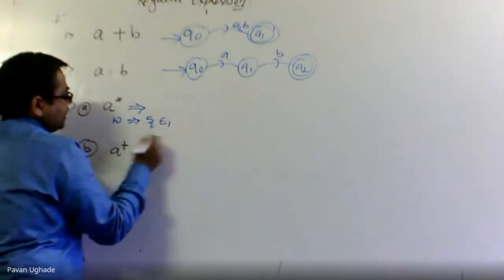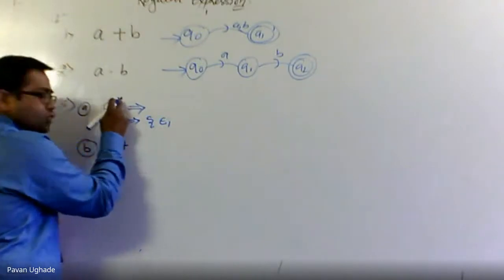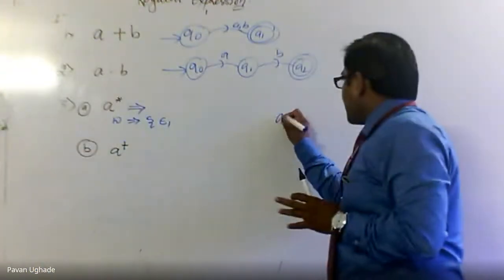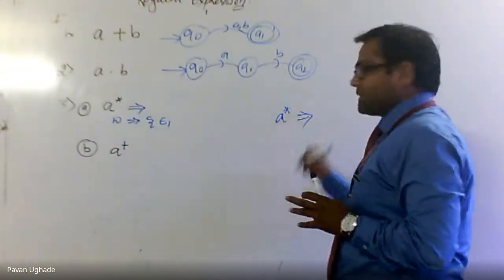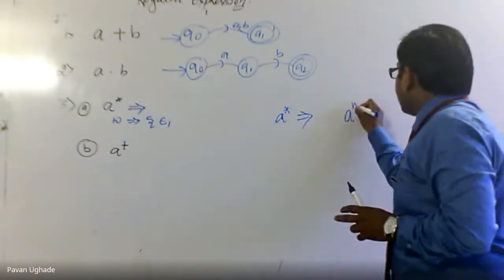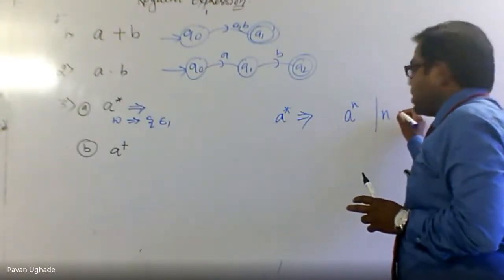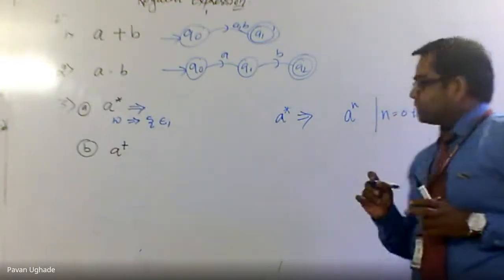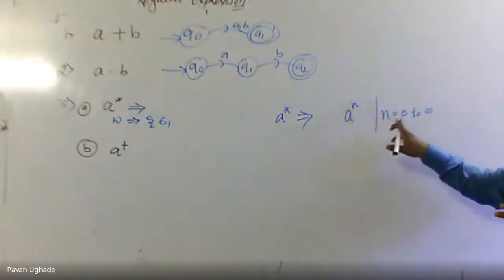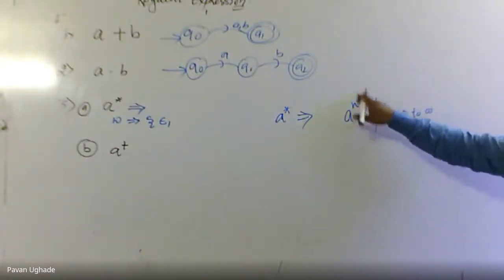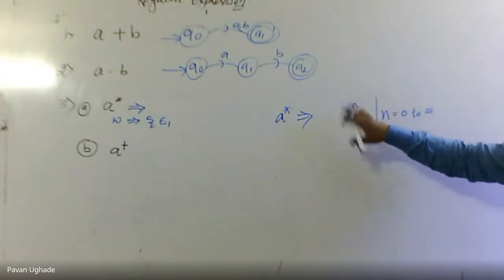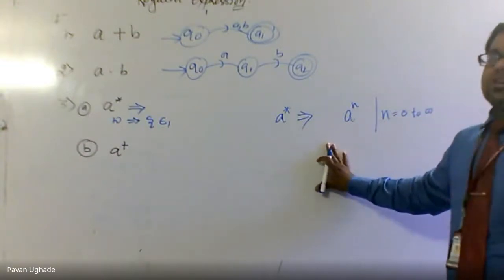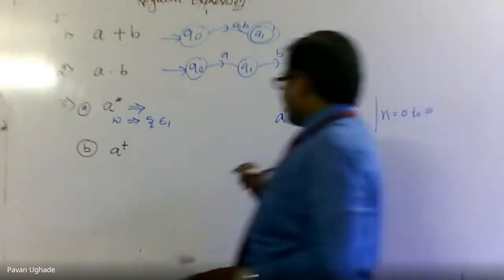Let's read it in mathematical terms. A closure is also represented mathematically as A to the power n, where n stands for 0 to infinity. If you put the power 0, definitely it is 1, so you can consider it as epsilon also. In R terms, A raised to power 0 is epsilon. So here epsilon will be accepted.